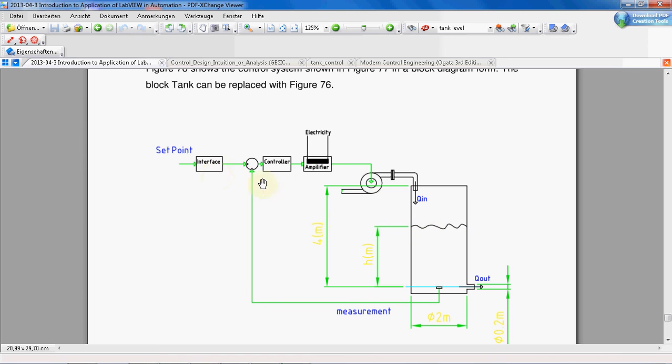Actually, what we want is to give a level, for example 8, and we want to have 8 meters of water in this tank. We want our control system to set the level of water at 8 meters. This is what we want to have. Okay, this is our system.